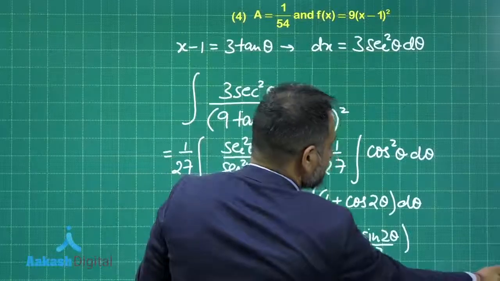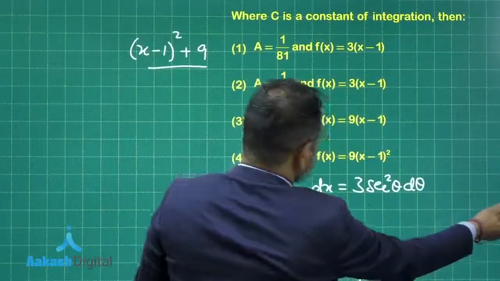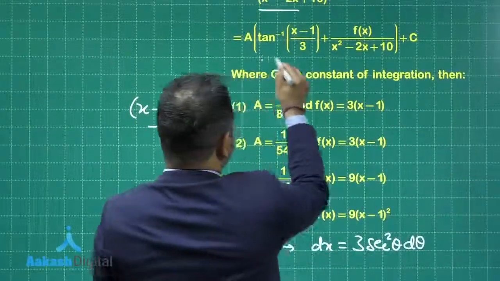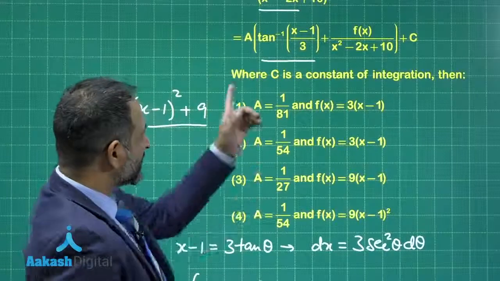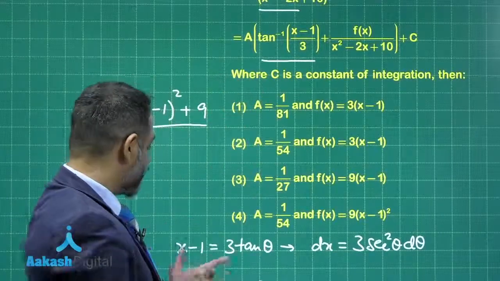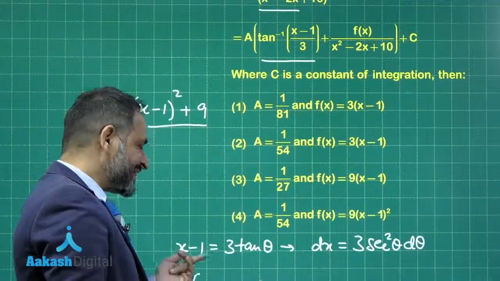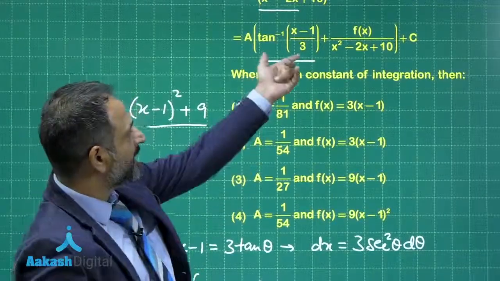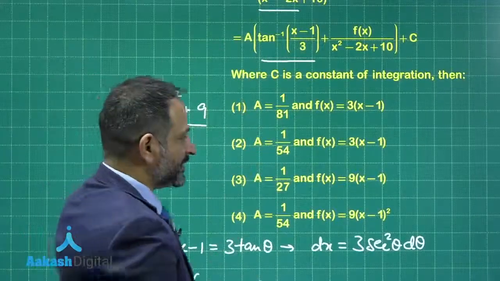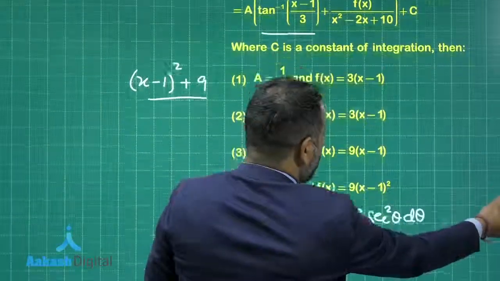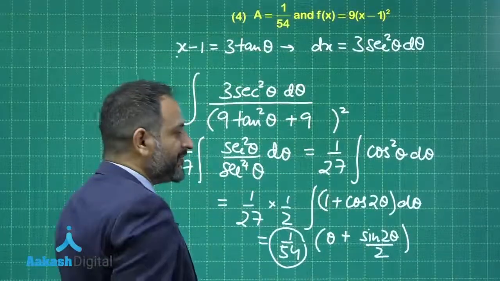You can notice here the first term is this, that is tan inverse x minus 1 by 3. So, substituting the theta with x minus 1 by 3, that is tan inverse x minus 1 by 3, you will have this first term, and if you compare, you will get the value of a, that is equal to 1 by 54. So, the value of a will be 1 by 54.